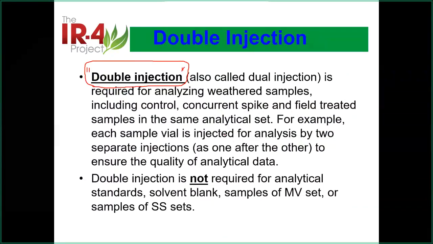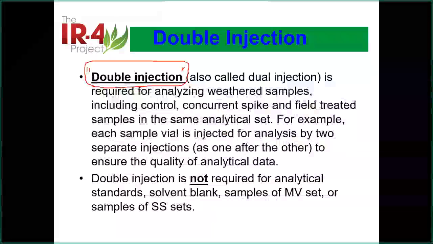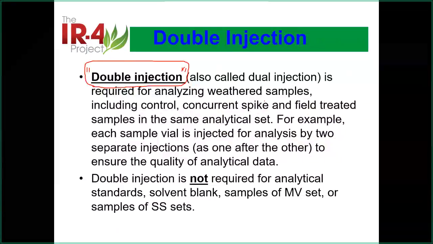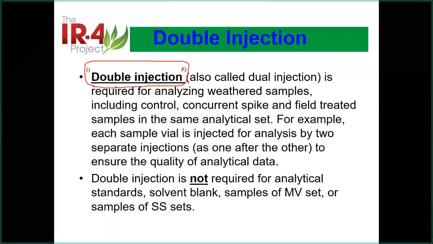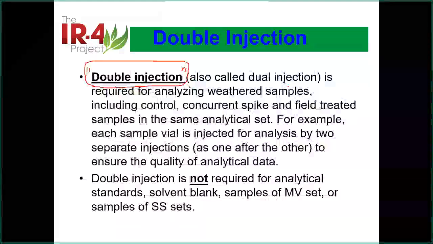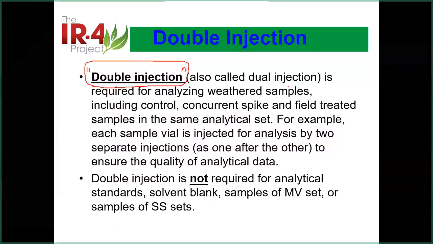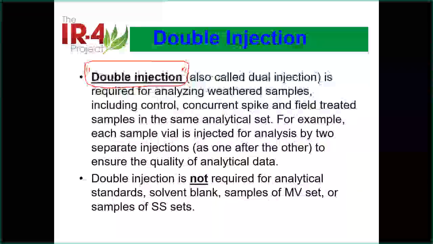Also, different countries and different agencies have different requirements. For example, if you need to get your data accepted in Canada, they will require multiple injections. That means more than one. It does not have to be, quote, double injection, unquote, like IR4, which is consecutive injection, side by side.